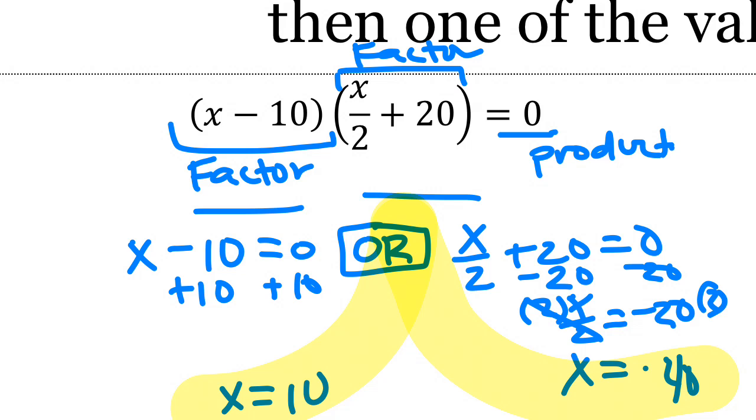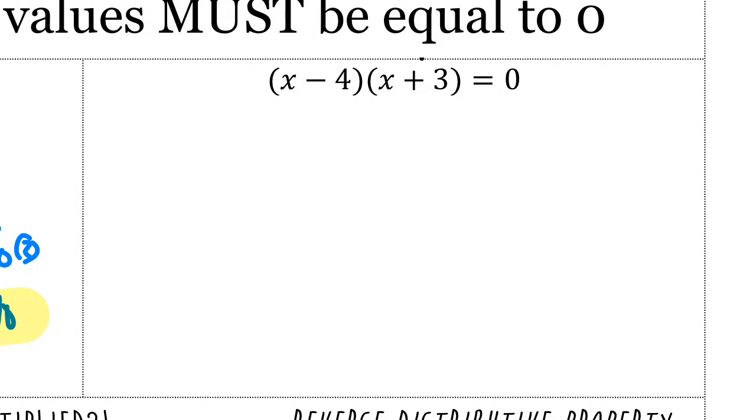Let's go ahead and take a look at this second problem. Again, we have two items that are being multiplied. We have x minus 4 and x plus 3, and it's equal to 0. So if I wanted to spell it out again, this is a factor, this is a factor, and this is their product.